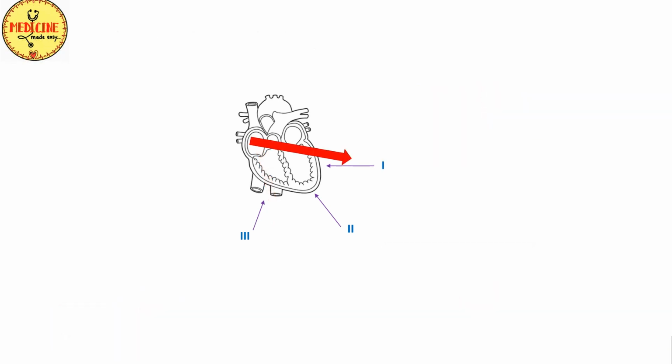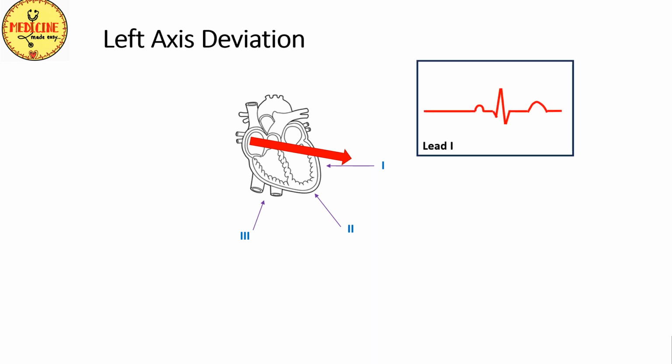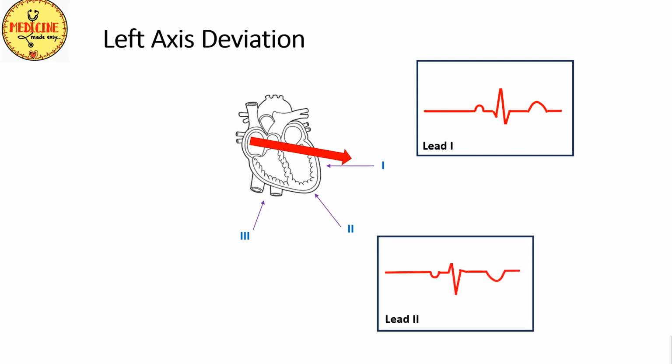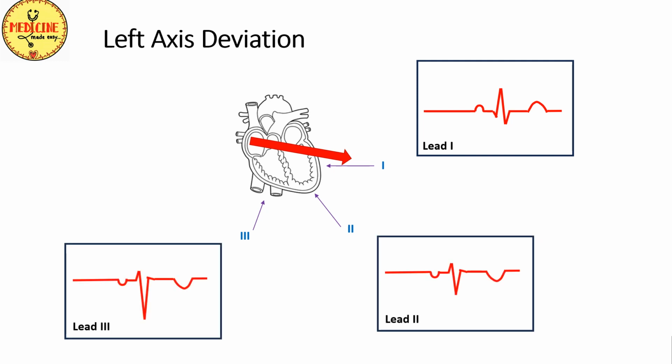If the cardiac axis gets shifted to the left, we call it the left axis deviation. In this case, it will be towards lead 1. Therefore, we will have R wave greater than S wave in lead 1. As the direction of the shifted cardiac axis is now away from leads 2 and 3, we will have S wave greater than R wave in leads 2 and 3.